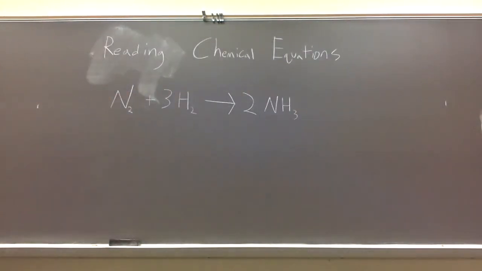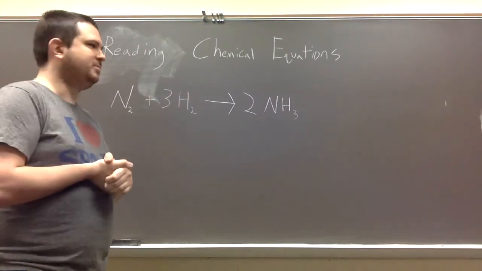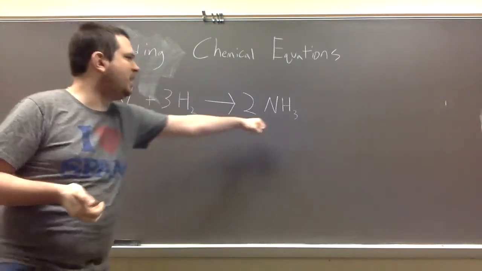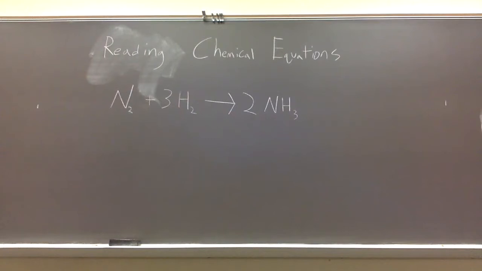Well, we're not going to worry so much about the names, the nitrogen, hydrogen, and ammonia. We're going to worry about, if I give this to you, can you read it and figure out what it means? There are 4 different parts we're going to talk about in reading this today.